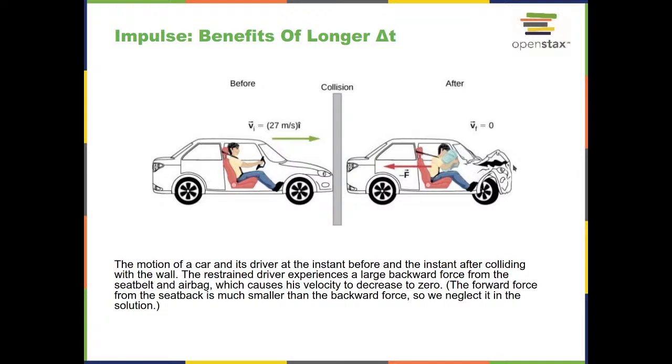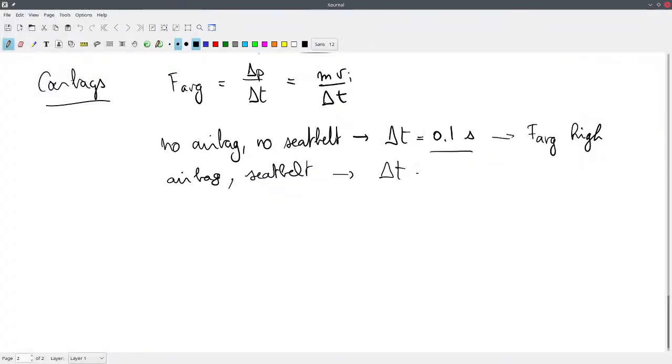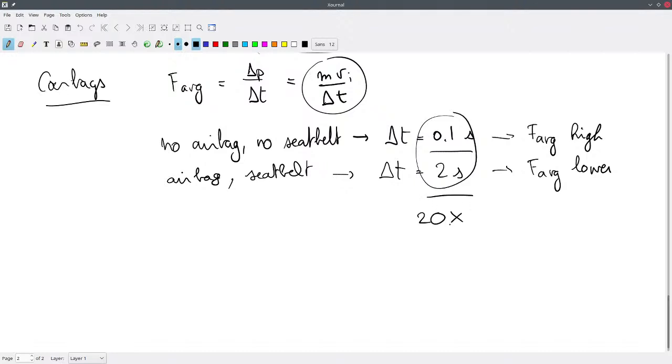In addition, the car is crumpling in a way that also slows you down more gradually. So this collision will cause a delta t that is probably more like 2 seconds. So the F average will be much lower. If you take the ratio and look at the expression here, because there's a factor 20 increase in time, F average is 20 times lower.